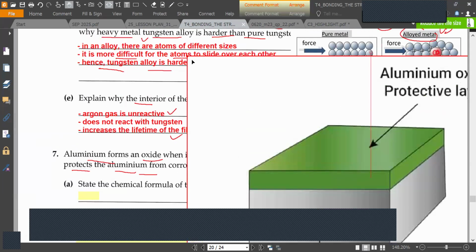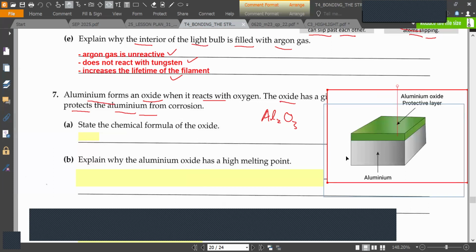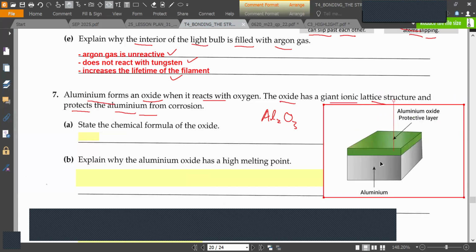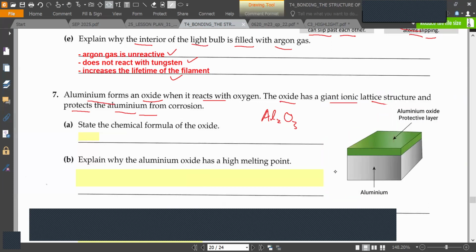So this is the situation here. This is our aluminium metal, aluminium 0. But if it's not protected, it will straight away form Al2O3, the metal oxide.